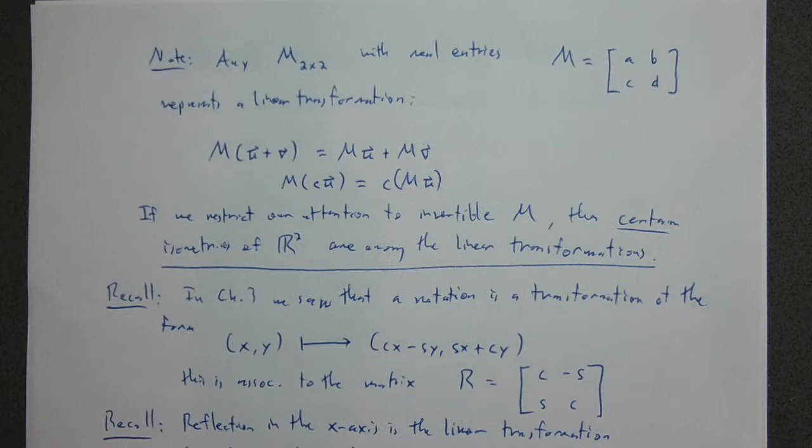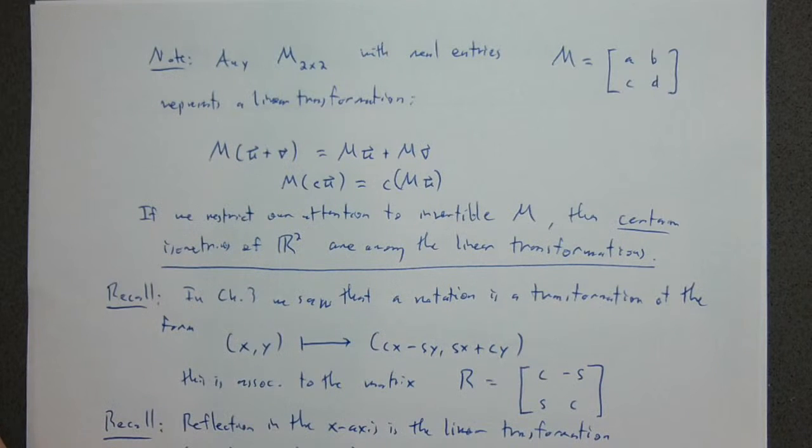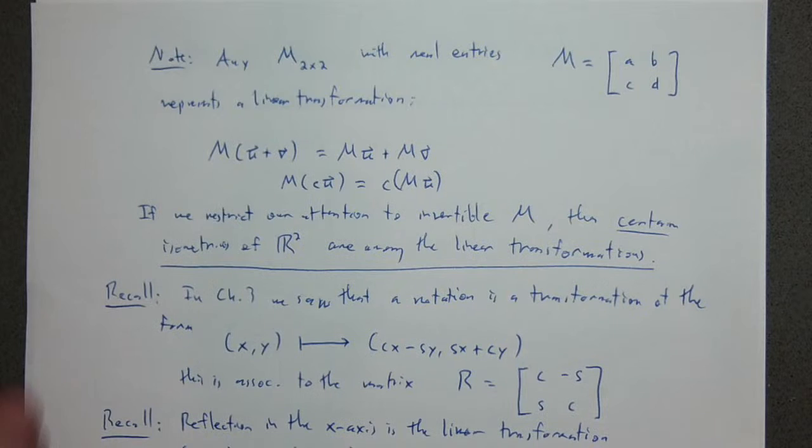When you think of a linear transformation, maybe a matrix is the most natural thing to think of. Say we have a 2 by 2 matrix with real entries. This is a linear transformation. It satisfies both of the things that are required of linear transformations. And we had already seen how certain isometries of R2 are among the linear transformations that are given by 2 by 2 matrices.